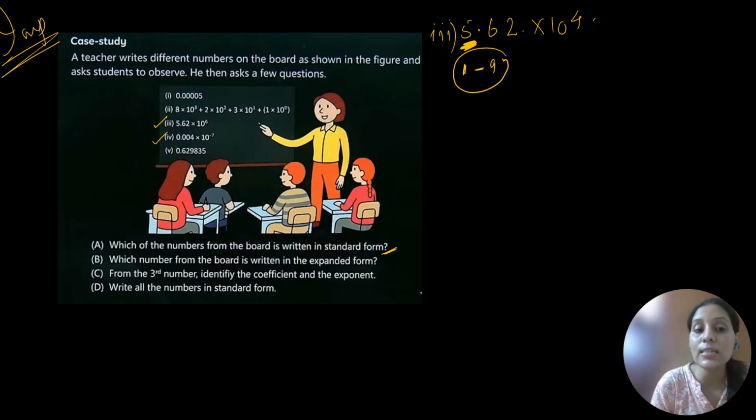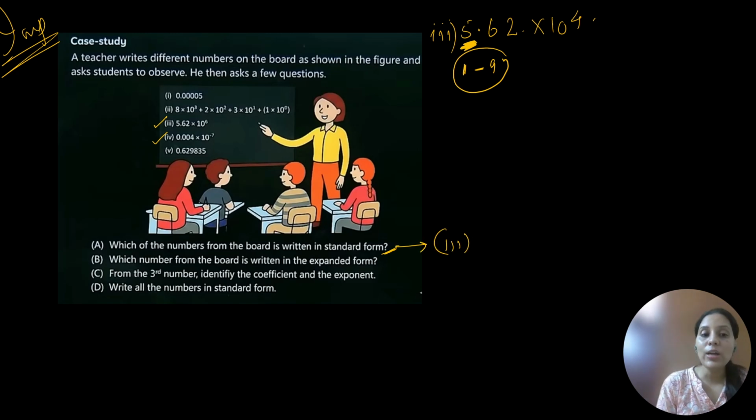Your first digit is 0. So this is not a standard form. Standard form means after the first digit, the decimal should be there. And the second condition is कि first digit should be between 1 to 9. वो less than 1 नहीं हो सकता. It cannot be 0. So first answer is option number 3.